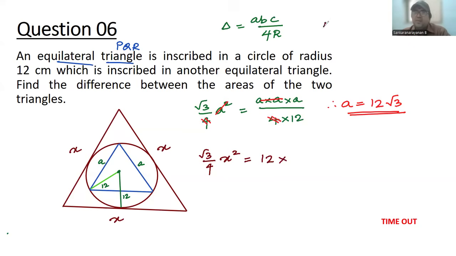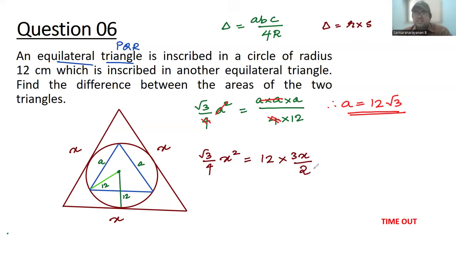I hope you remember the formula: area is equal to r into s. So I'm using that. Root 3 by 4 x square is equal to 12 into semi-perimeter. What is the semi-perimeter? x plus x plus x, that is 3x divided by 2. So that is the semi-perimeter here.